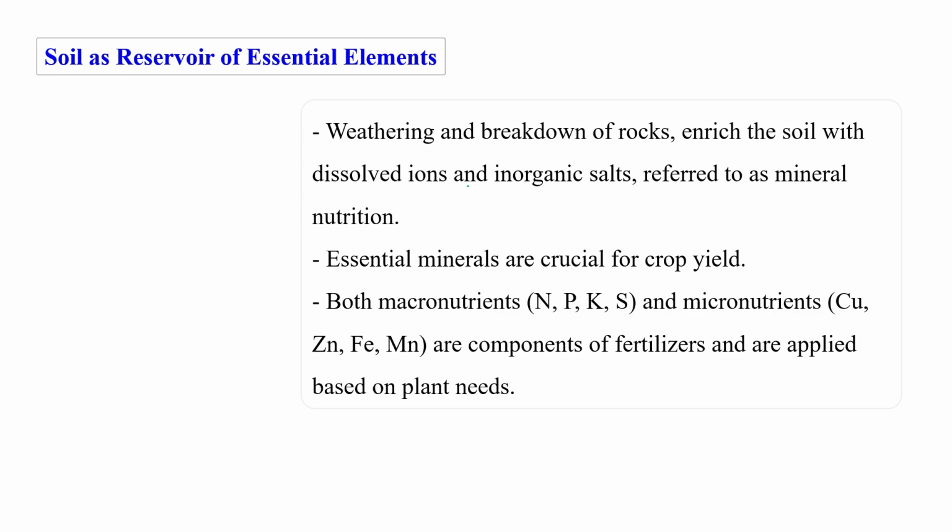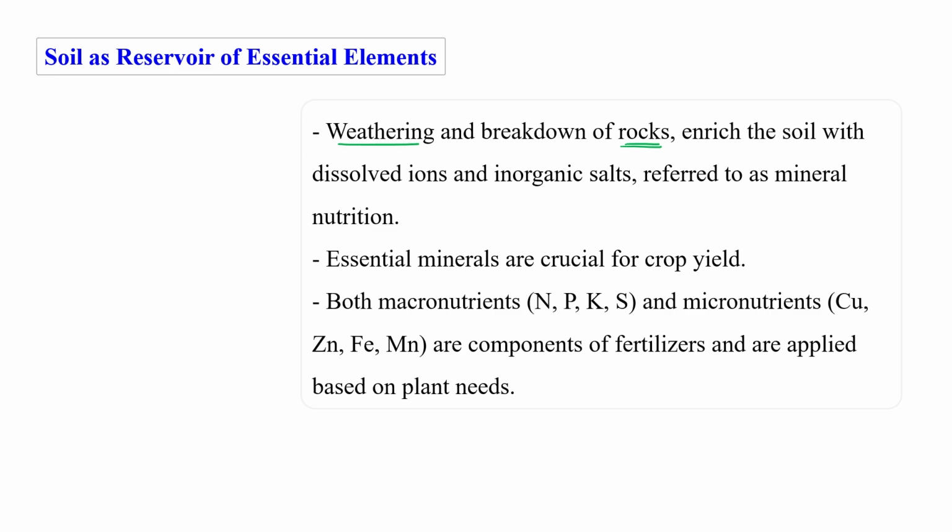Soil as reservoir of essential elements. As you know, weathering of rock, the breakdown of rock, actually provides different kinds of inorganic salts to the soil, and weathering is a process by which a rock or rocky area develops soil, different types of soil.